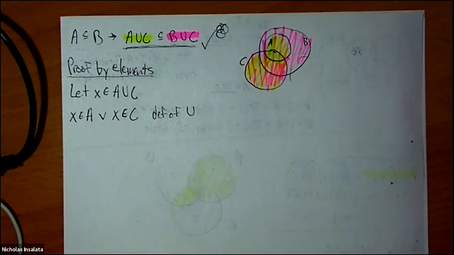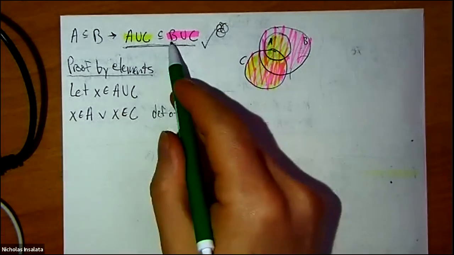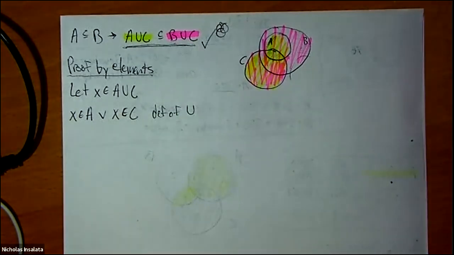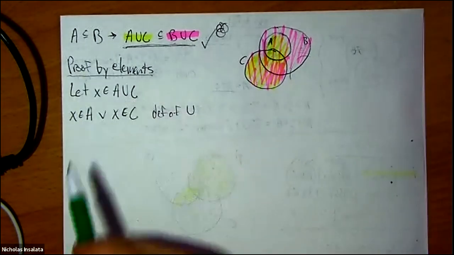Well, not cases, not quite. Here's what we want to end up with. We want to end up with X as an element of B union C, right? So yeah, now we use the left side, right?